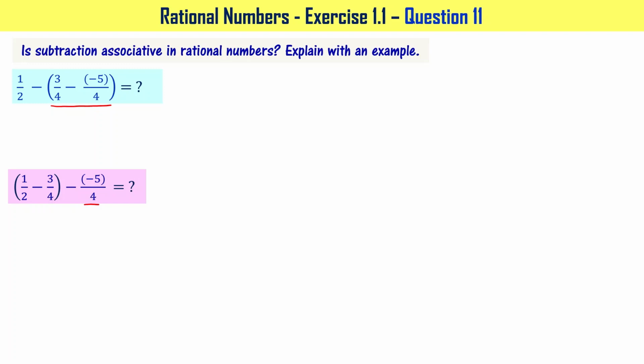If grouping doesn't make any difference, then we can say that subtraction is associative. If the value of this particular subtraction is not equal to the value of this particular subtraction, then what you can say is subtraction is not associative, right?